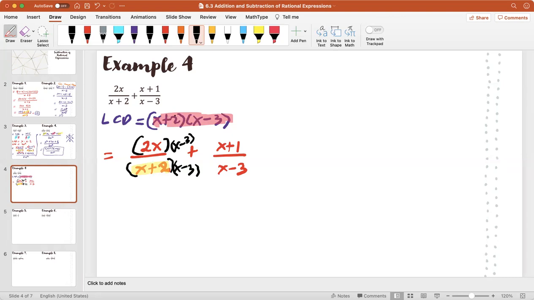That means our multiplier for both numerator and denominator is x plus 2. Let us check our denominators. Is this the same as the LCD? Order does not matter here. Is x minus 3 times x plus 2 the same as the LCD? Yes, so both are the same.